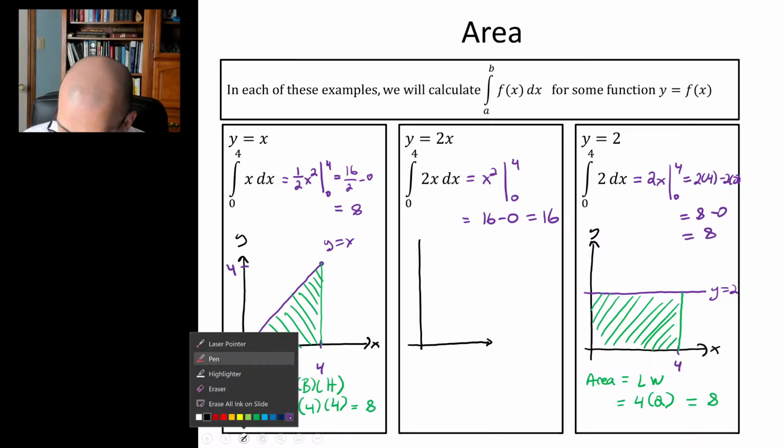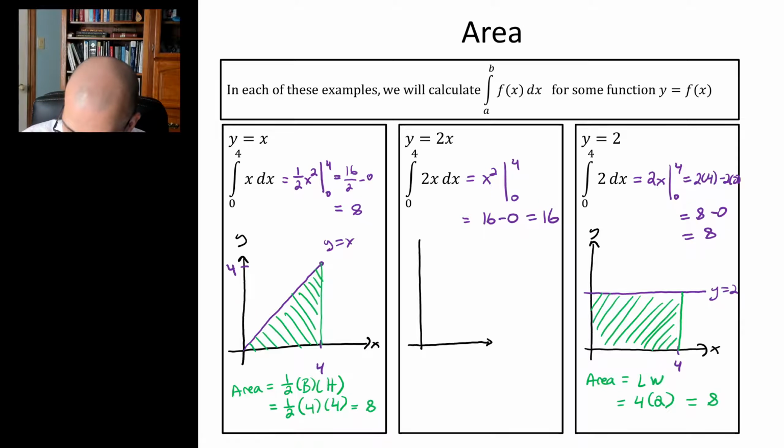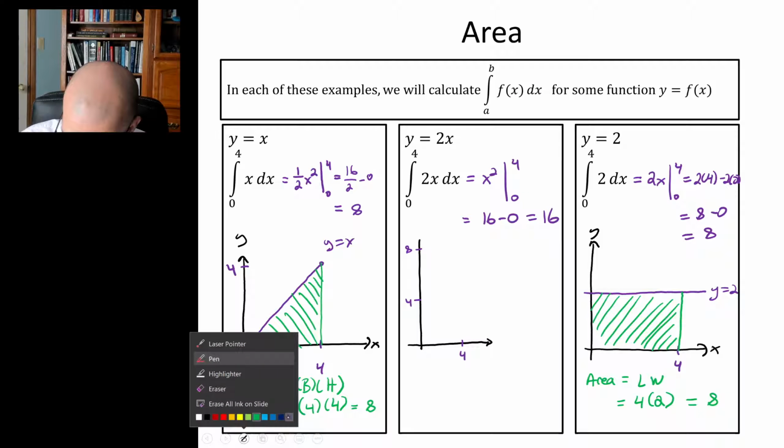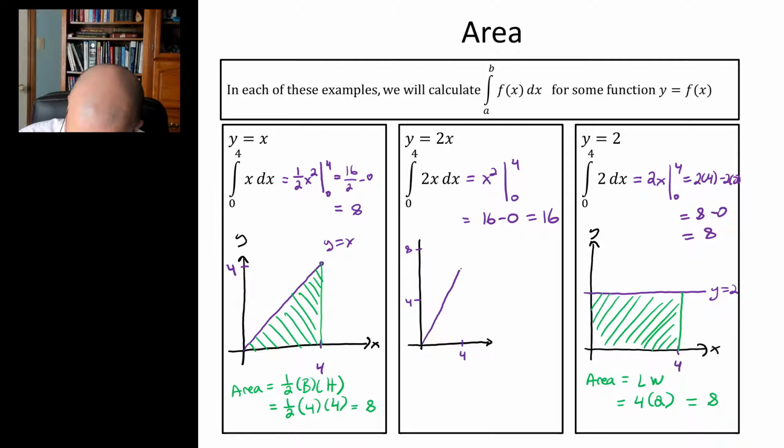Now my axis is going to be a little bit different. So I'm going to put 4 here, and it's 2 times 4, so the y value will be 8 there. Okay, so there's y is equal to 2x.